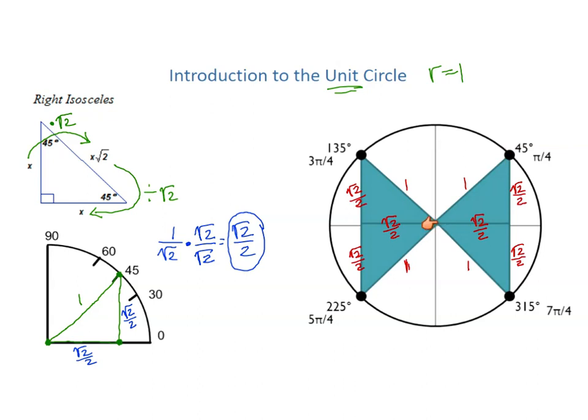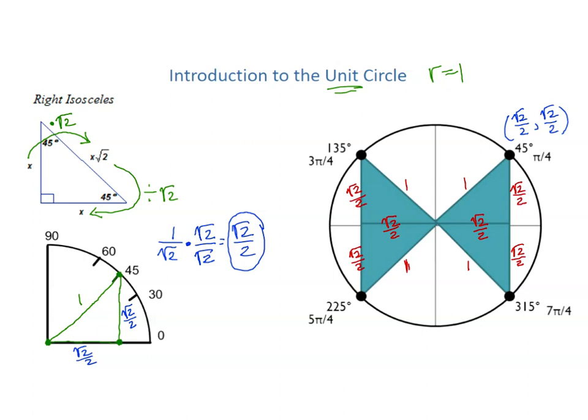So now I found those distances. I have to go root 2 over 2 to the right, and then root 2 over 2 up. So the coordinates of that point would be root 2 over 2, root 2 over 2.